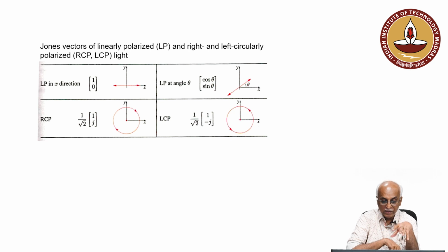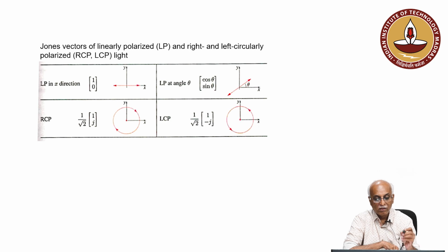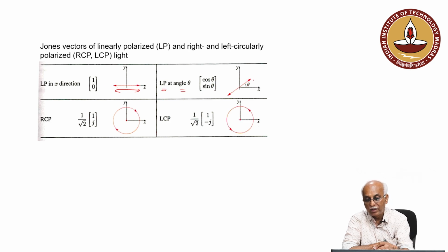So what it is, also just with a very short simple way, if I can explain. First of all, as I told you, let's say linearly polarized light oscillating in x direction, we know, in that particular x direction, the electrical field amplitude is varying, and linearly polarized light at an angle theta will have this.